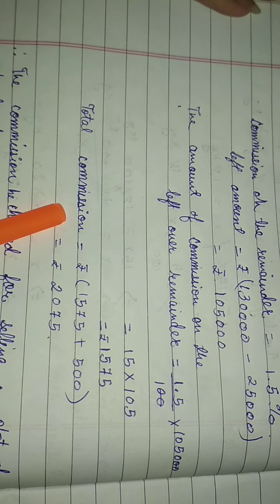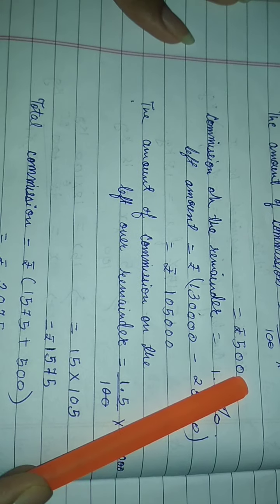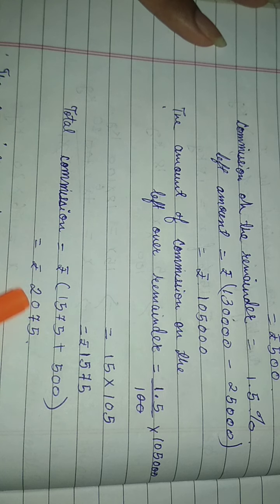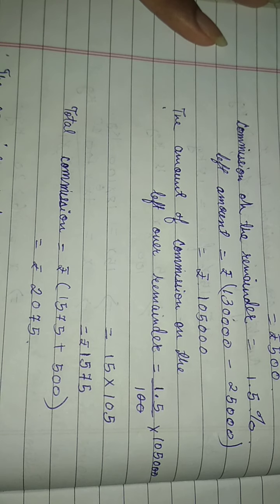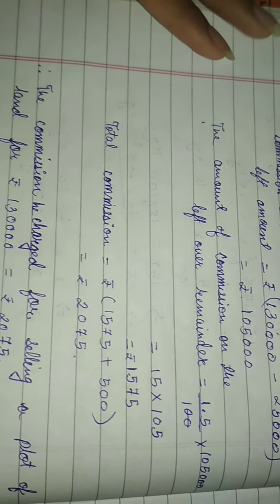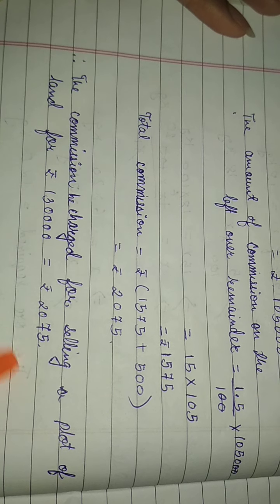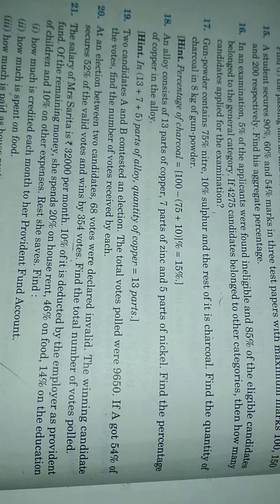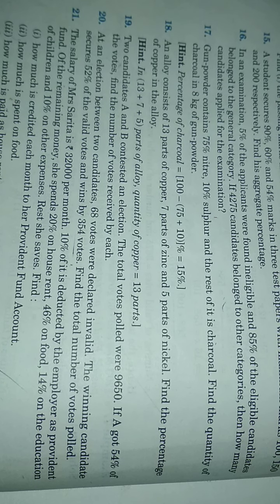So the total commission will be the 500 which we found, plus 1,575 on the remainder, and the total is 2,075. So the commission he charged for selling a plot of land for rupees 1,30,000 is 2,075.